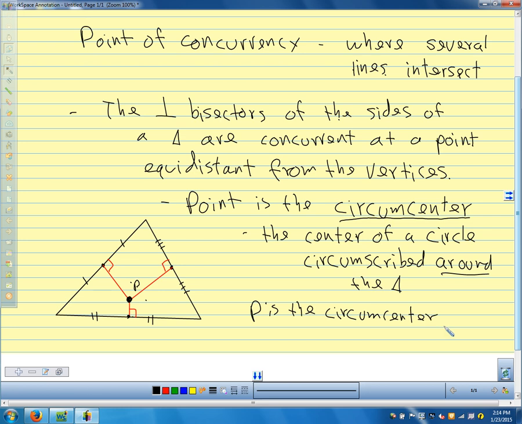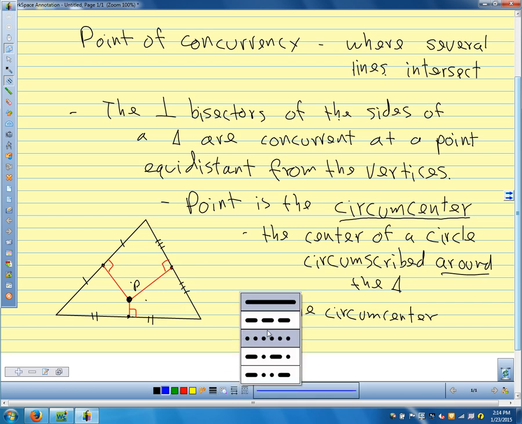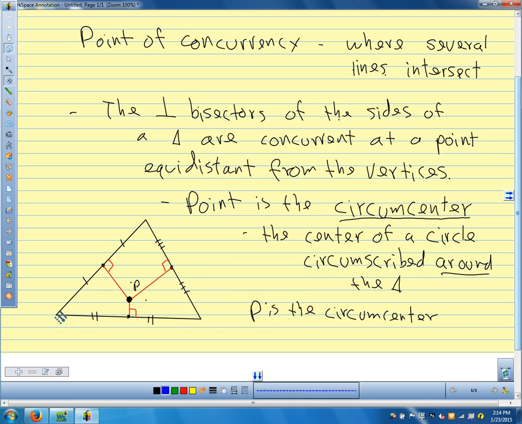What the theorem tells us is that point P is equidistant from the vertices of the triangle. So I'm going to draw dotted lines to the vertices. And what the theorem tells us is that all of those blue segments are congruent.